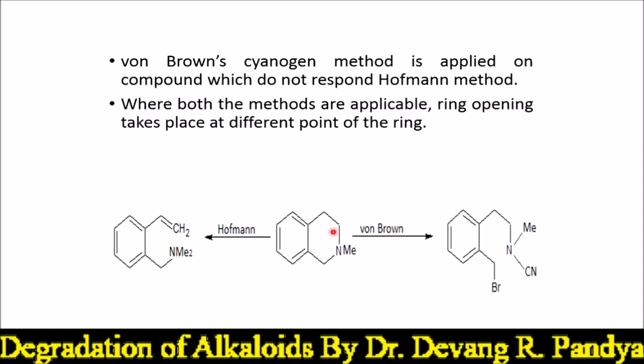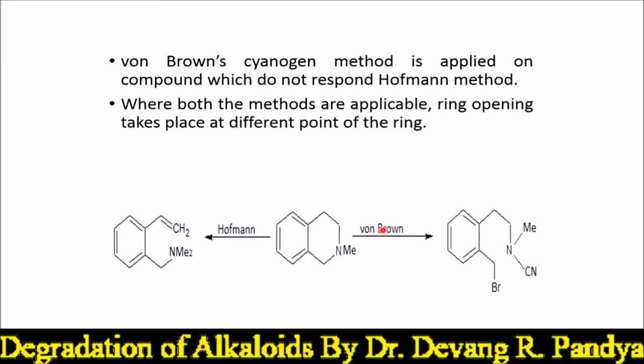We have already reduced the compound, and if we perform Hofmann degradation, we can get the ring opening reaction from here when the cleavage takes place on the exhaustive methylation process. But due to the absence of beta hydrogen, further treatment won't take place over here.